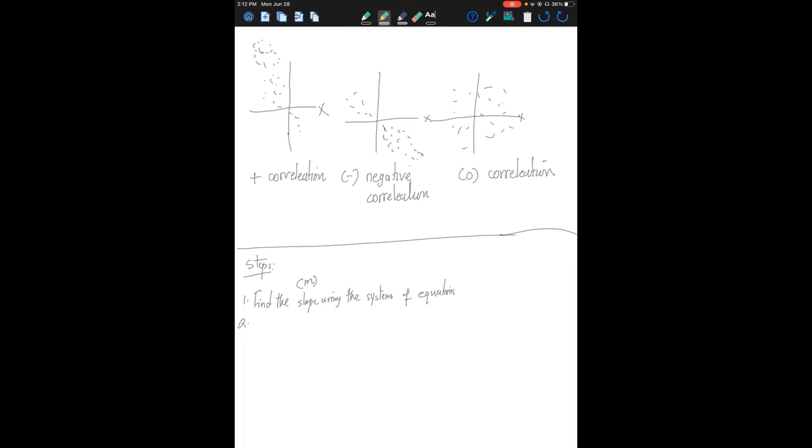Second, using the m, which we have found in the previous step, which is the slope, find b. And the third would be to write the equation in y-intercept form.